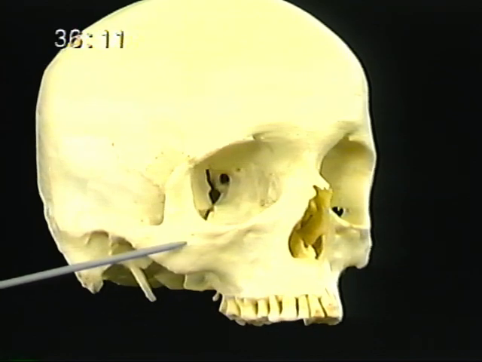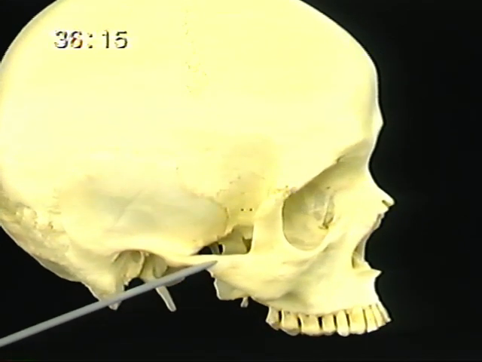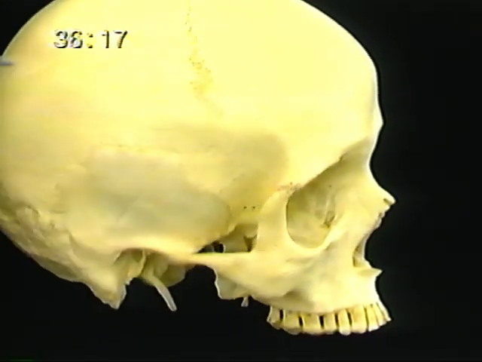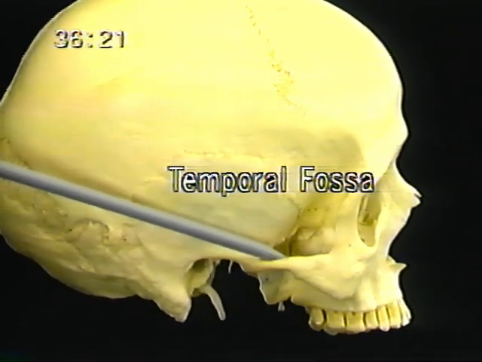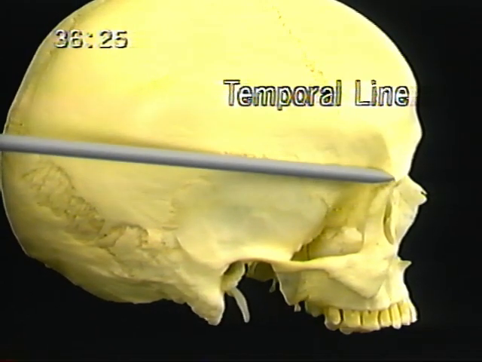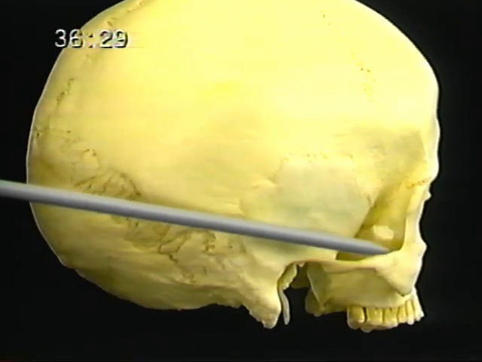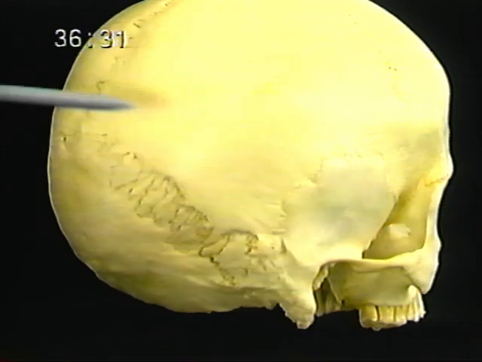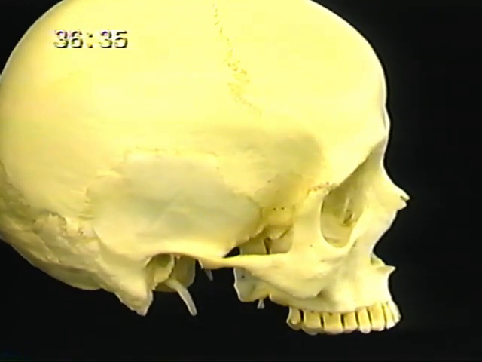The prominence of the cheekbone leads back to this bony arch, the zygomatic arch. The deepening hollow here is the temporal fossa. It's enclosed by this ridge, the temporal line, by the lateral orbital margin, and by the zygomatic arch. The temporal fossa contains the large temporalis muscle.